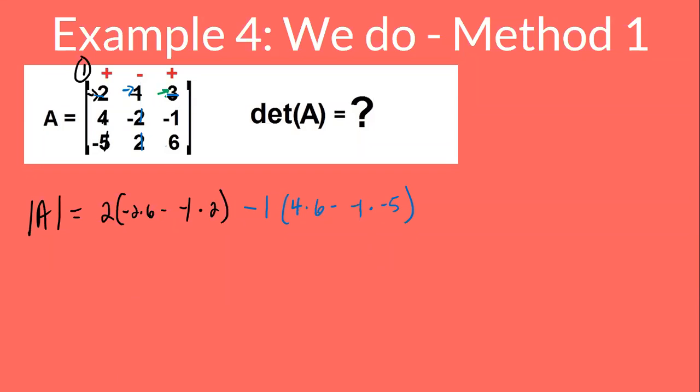And then my last added in comes from positive 3. And if I cross out row 1, column 3, I'm going to be left with 4 times 2 minus negative 2 times negative 5. Okay.